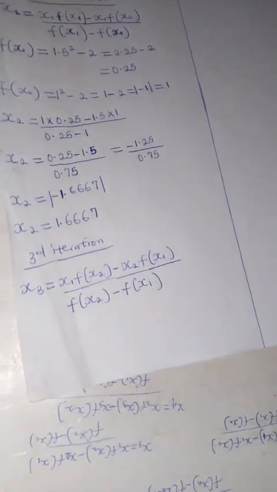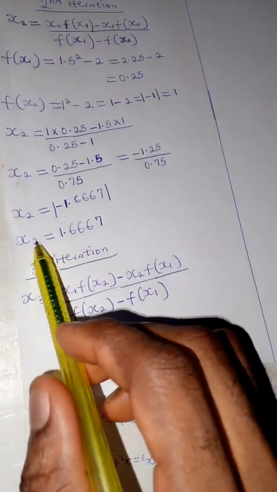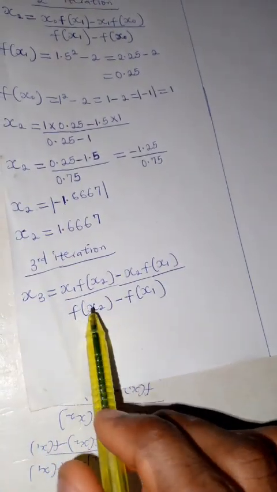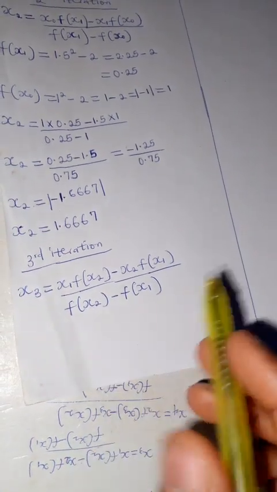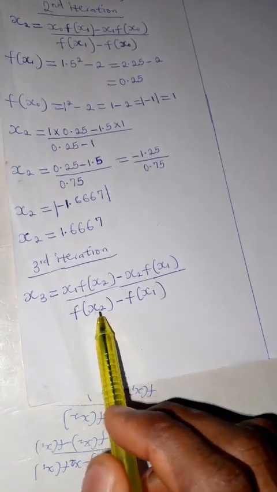I hope we are following up. Now you can see we only have x2, we don't have f of x2. So here we are going to look for f of x2. Since we have x2, we are going to look for f of x2.